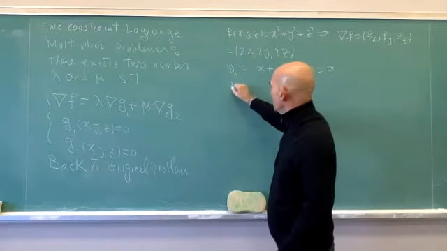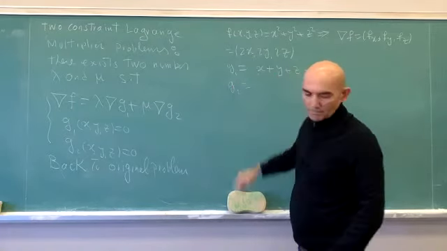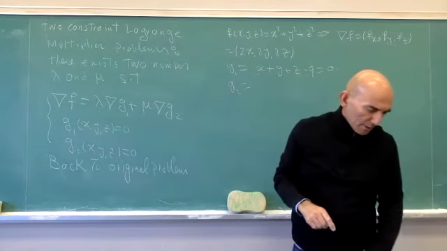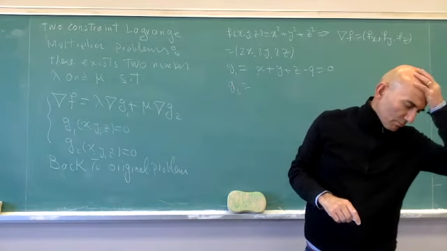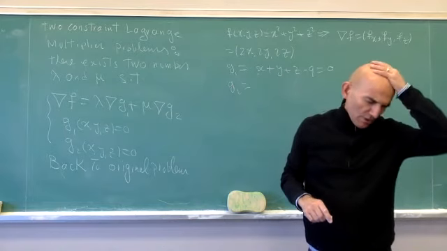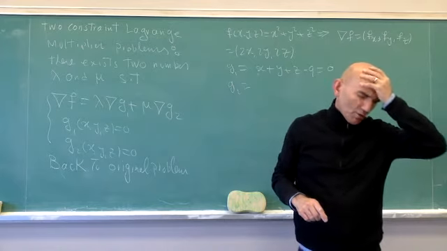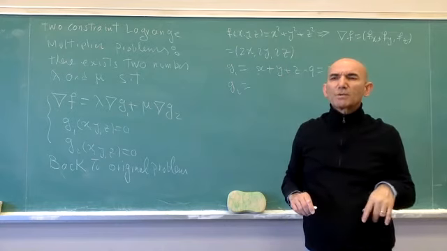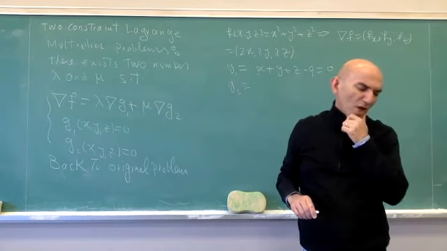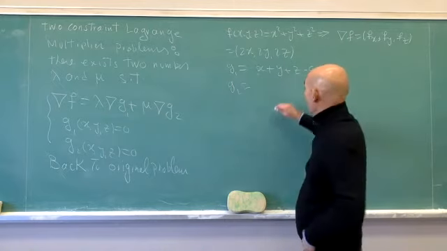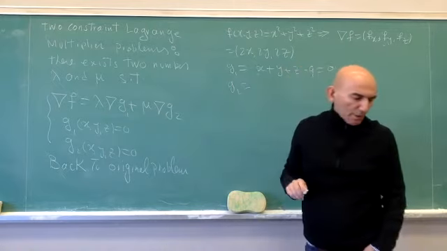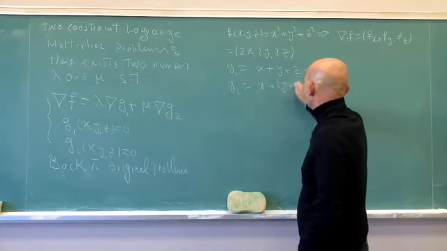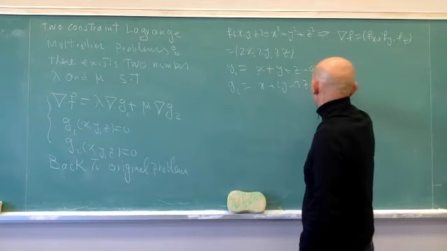And g2 was x plus 2y plus 3z minus 20 equal to 0.